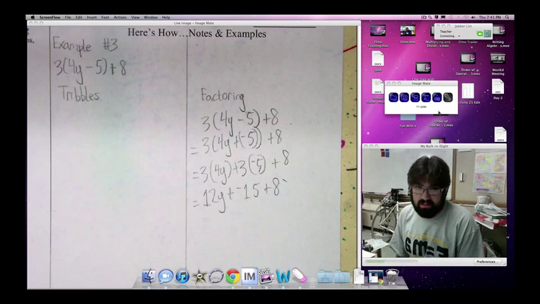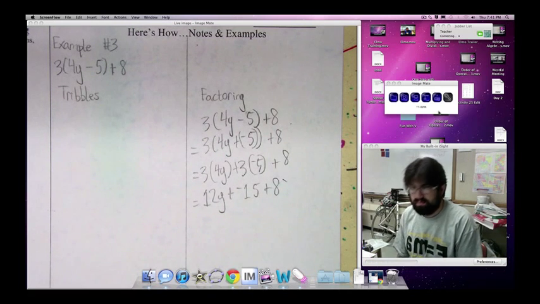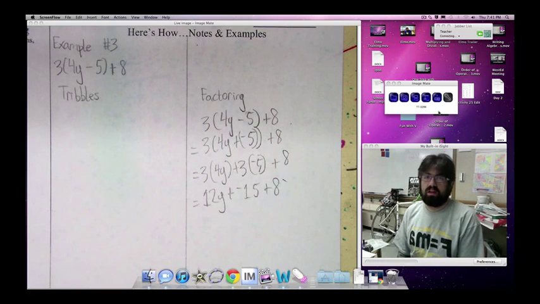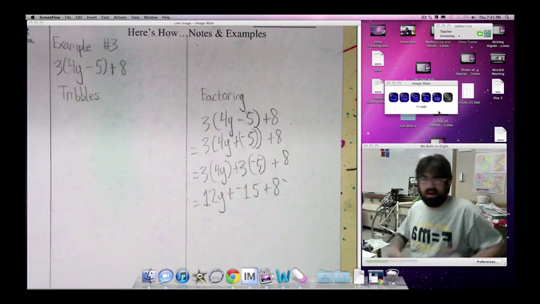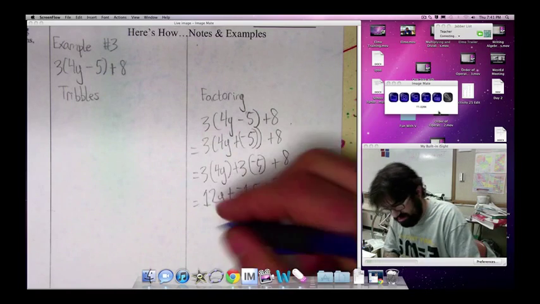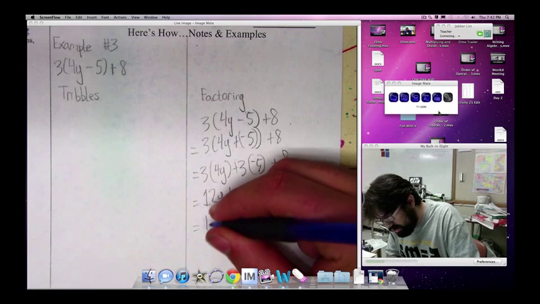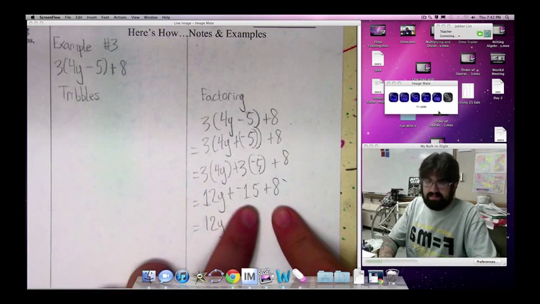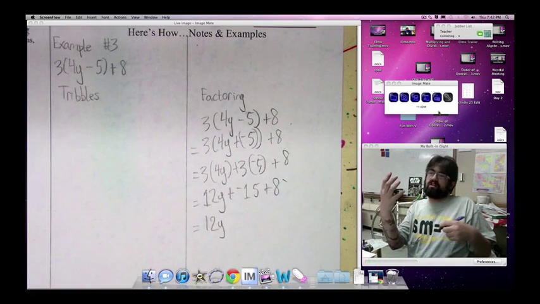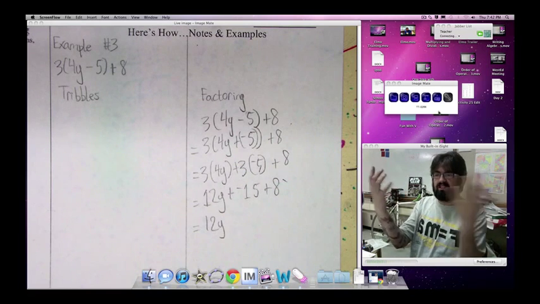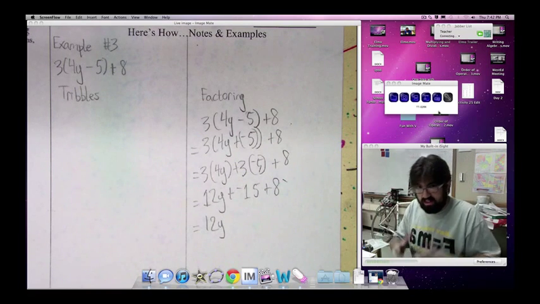Combine. So next step is rearrange. The variables in front, constants in the back, right? Well, we don't need to rearrange. We're going to just combine. 12y ain't got no one to hang out with. He's hanging out by himself. He's cool. Negative 15 plus 8. I have negatives and positives canceling each other out. So I'm losing value.